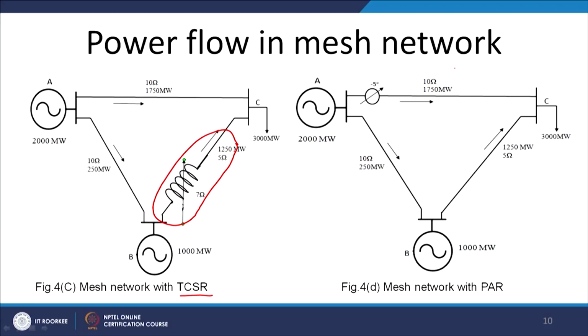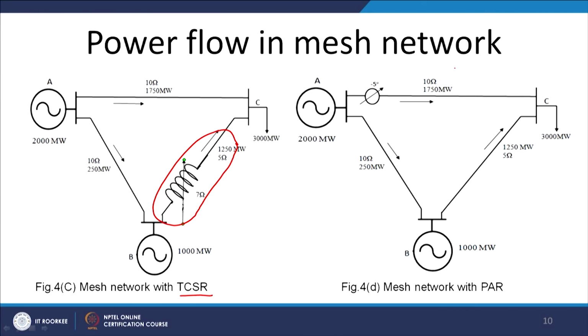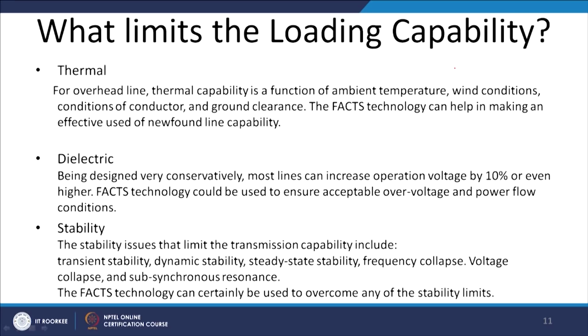So these are the three solutions available, and depending on the thermal limit, the environmental condition, dielectric limit, current values, and all those considerations, a different solution will be chosen. The same point in a different ambient may call for different solutions. So different kinds of FACTS devices will provide a unique solution for a particular case.